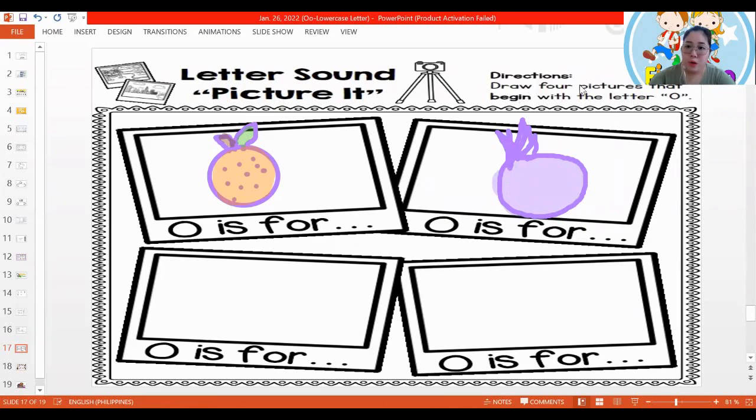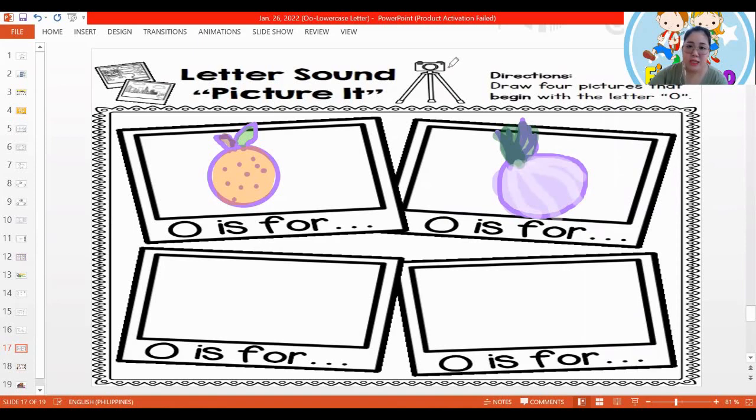And let's also color the leaves on top of our onion. And sometimes the onions also have white marks. So I have O is for orange, O is for onion.